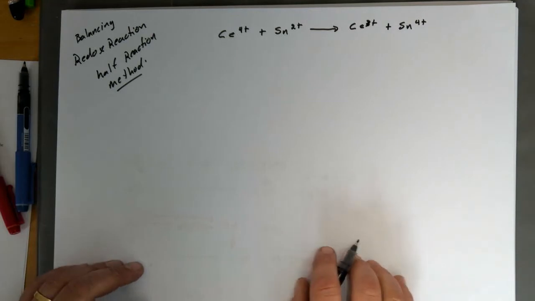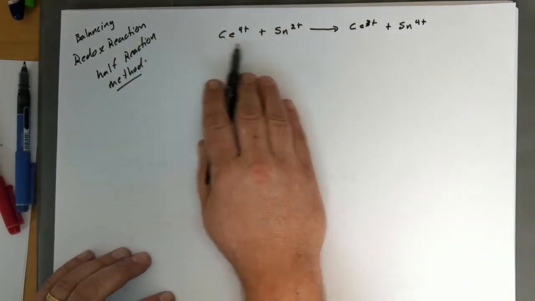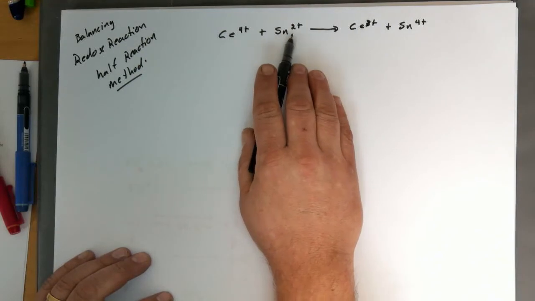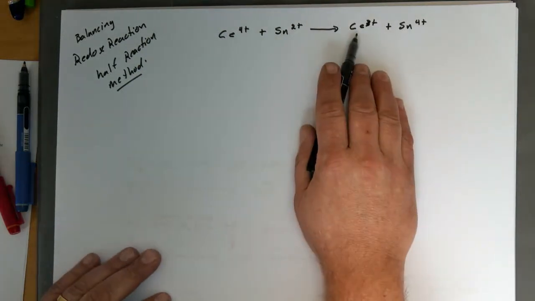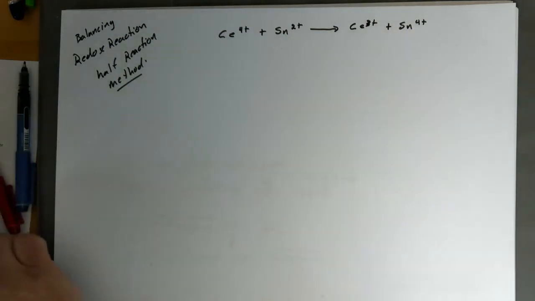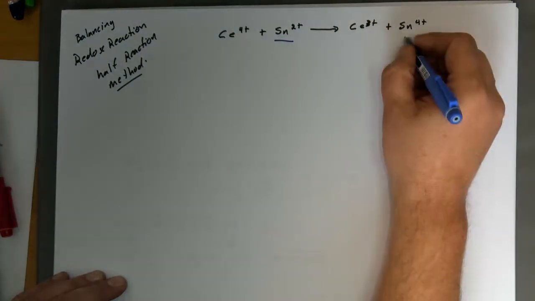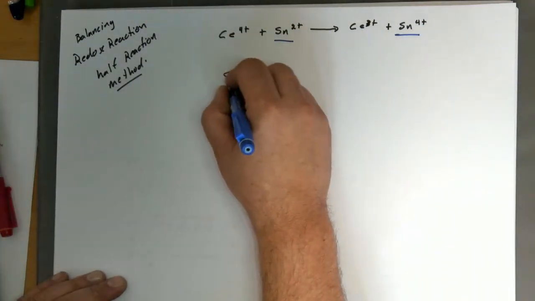So the overall reaction that we want to balance is between cerium 4 plus and tin 2 plus. That turns into cerium 3 plus and tin 4 plus. If we break it into two parts, then we can take this and see what happens to it.